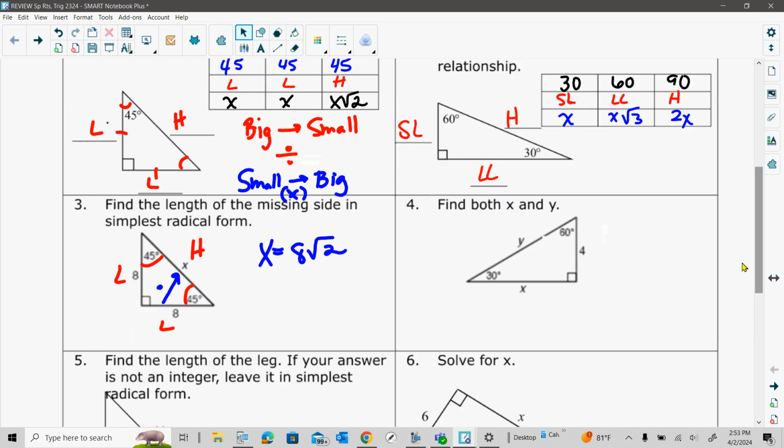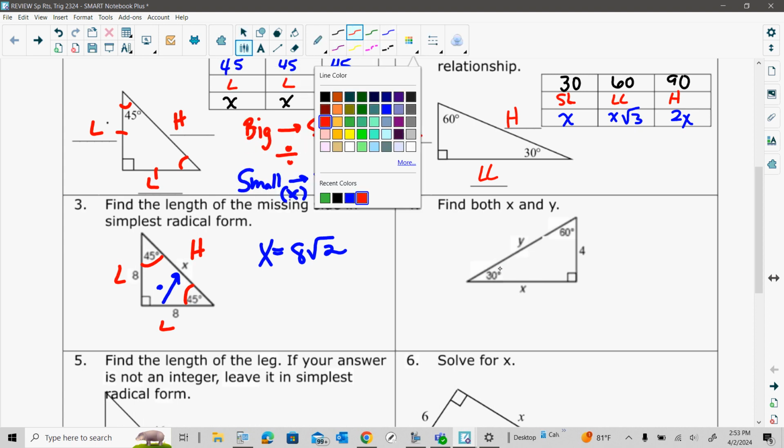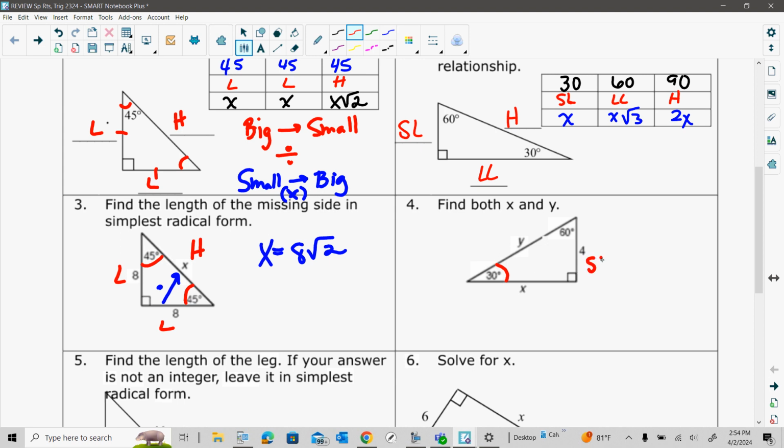As for number 4 here, now we're talking about a 30, 60, 90 triangle. Opposite the 30 is always the short leg. Opposite the 60 is the long leg. And y is our hypotenuse. Hypotenuse is always opposite the right angle. So here we're going from the short leg to the long leg.